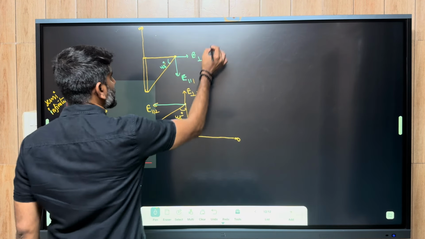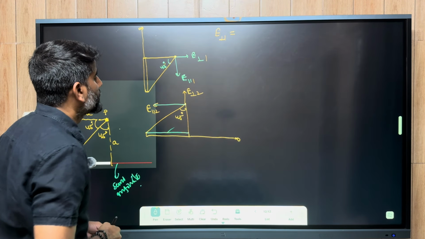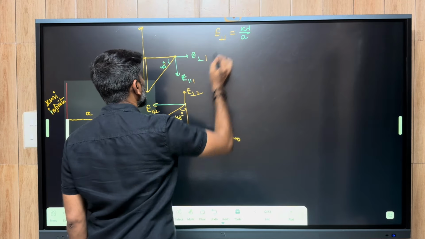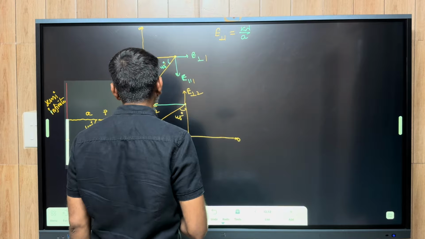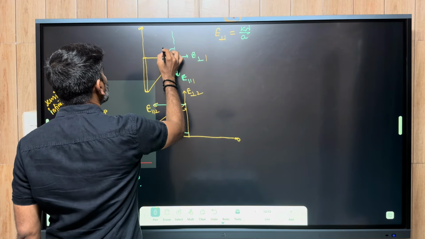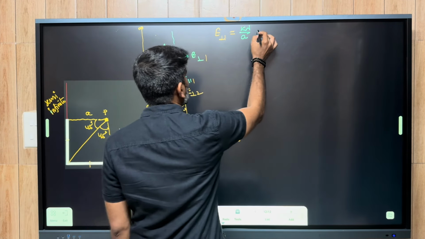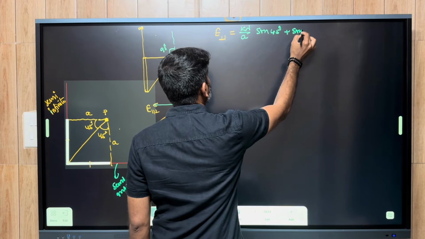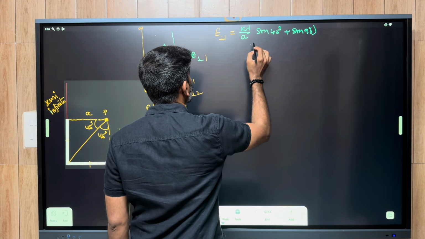E perpendicular 1 is equal to, we already know, k lambda by A times sin theta 1 plus sin theta 2. Theta 1 is 45 degrees, so sin 45 degrees, plus theta 2 is 90 degrees.